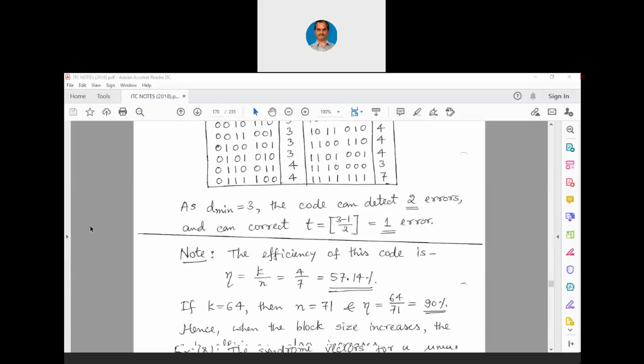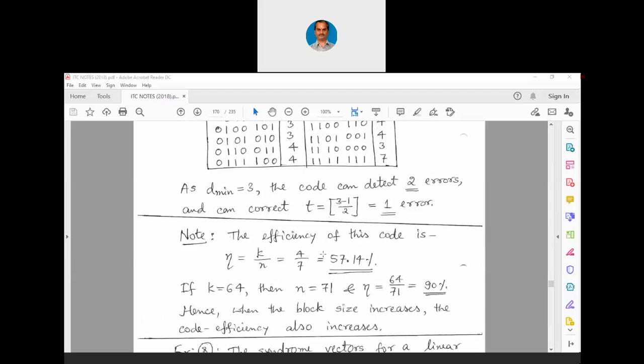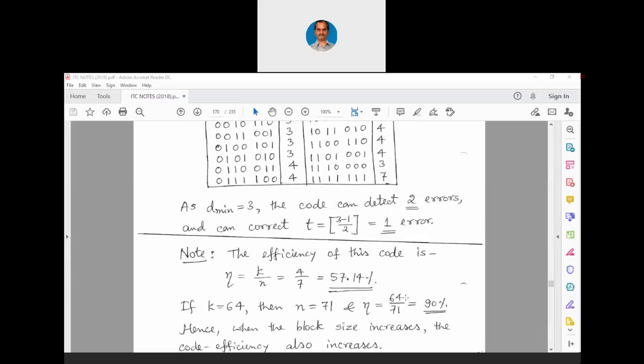Let us see what is the efficiency of this particular code. The efficiency is defined by K by N. K is 4, N is 7, so efficiency is 57.14%. Now if K is 64, then N equals 71, then efficiency is 64 by 71.